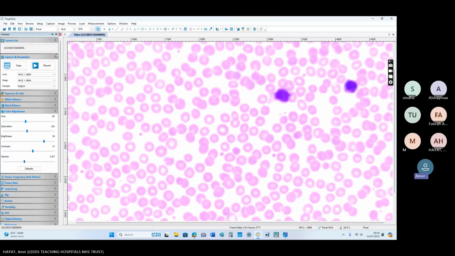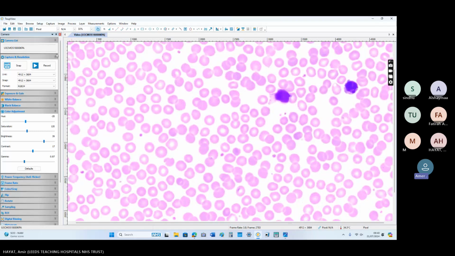Right. So now you can report the blood film. This is the usual question in FRCPath. Report the blood film.